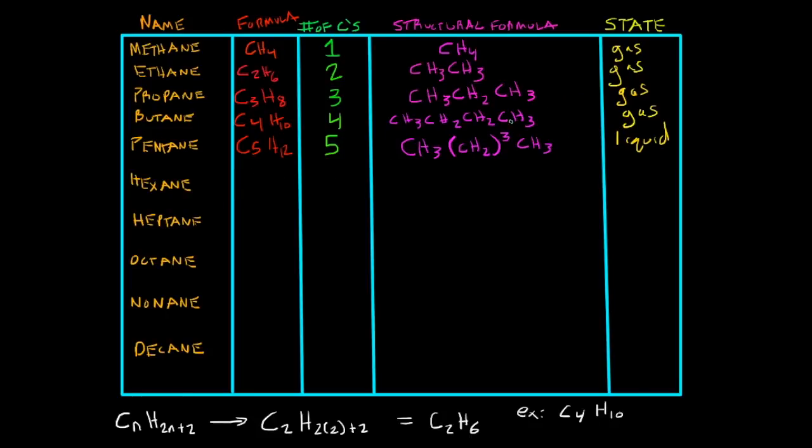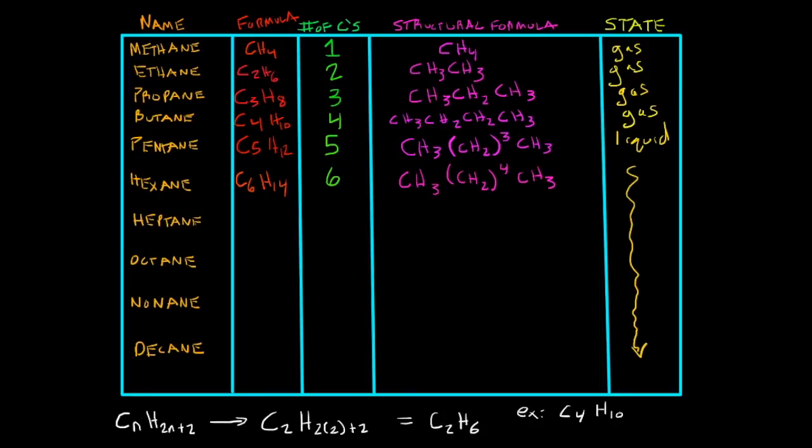Next we have hexane. Hexane is C6H14. It has 6 carbons, and it is CH3, CH2 to the 4, and CH3. Its state is a liquid, and it's going to be liquid from here on out, so I'm just going to write liquid all the way down here.